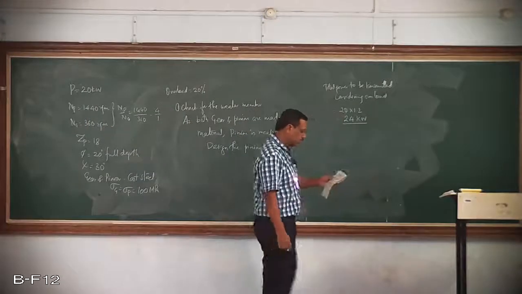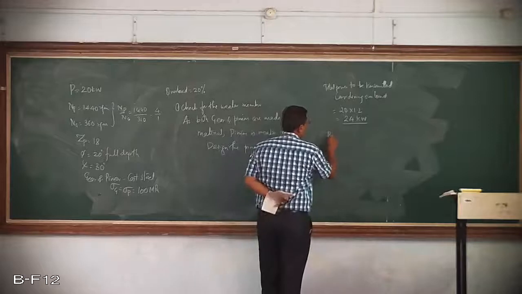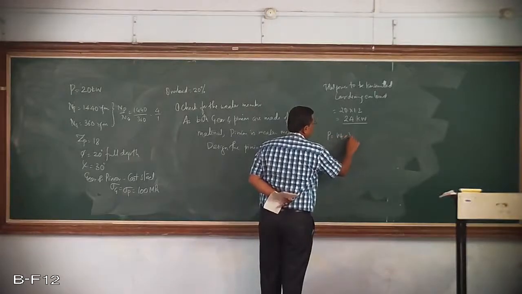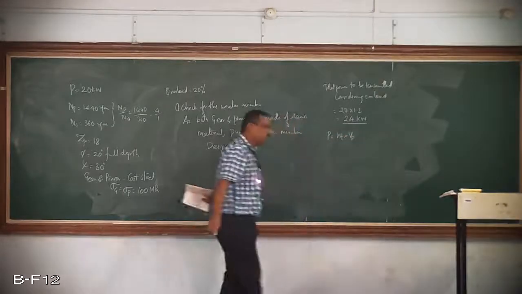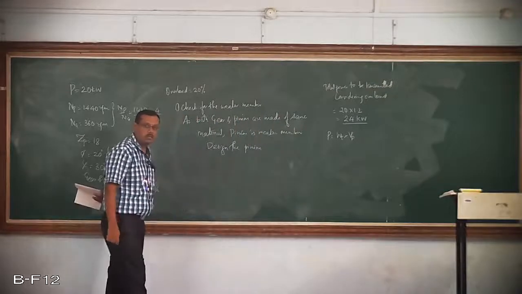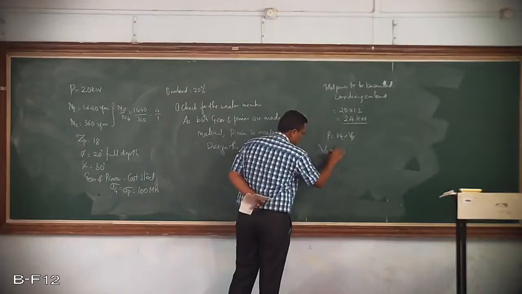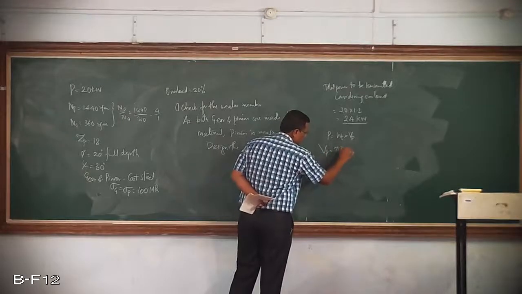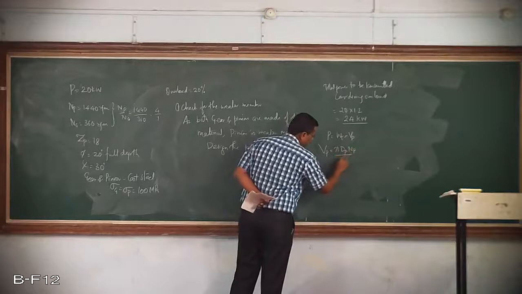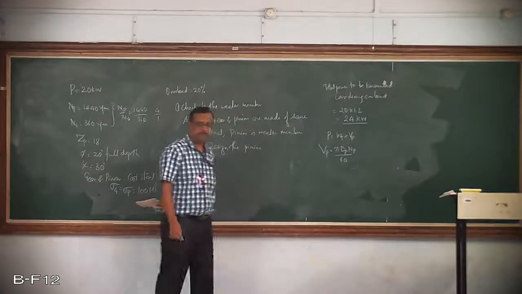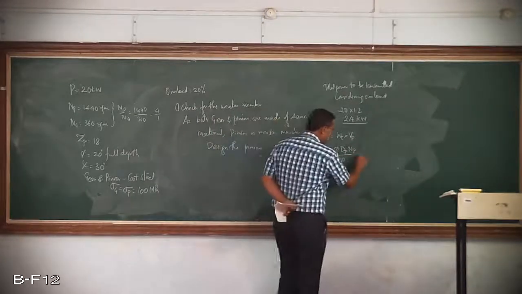Now, how will you calculate the tangential load? We know power is equal to tangential load into velocity. Here the pinion is weaker, therefore, the velocity of the pinion is pi times diameter of the pinion into RPM of pinion divided by 60.